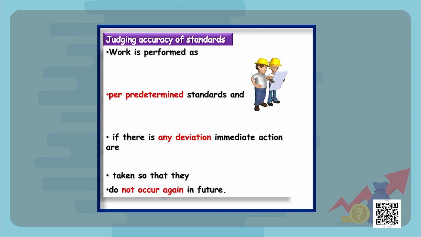Then we have judging accuracy of standards. Work is performed according to the predetermined objectives set while planning. So, if there is any deviation, immediate action is to be taken so that they do not occur again. And we also tend to judge the accuracy of standards, whether those standards were set according to the performance objectives or not.